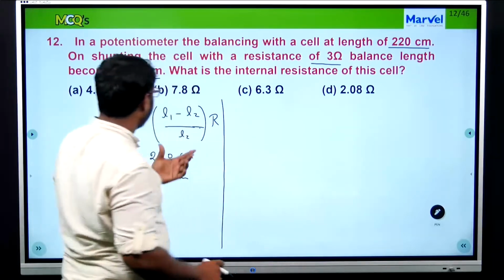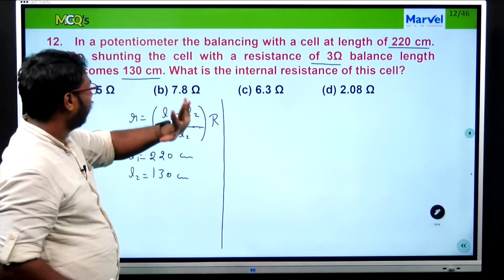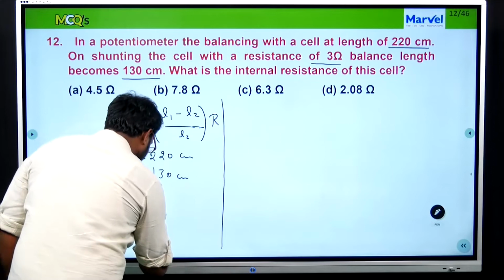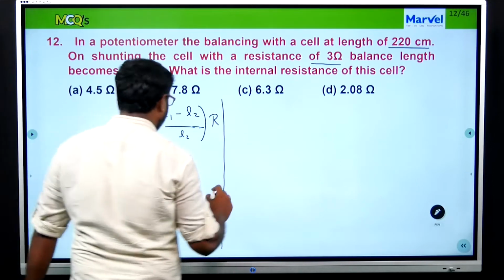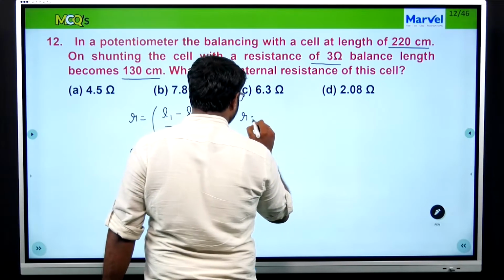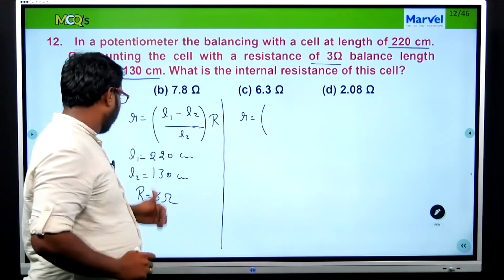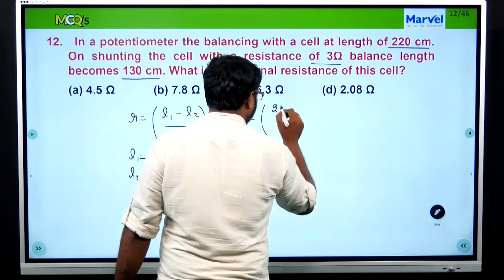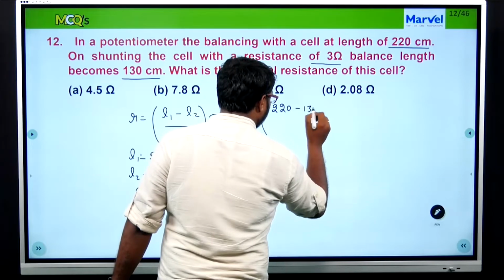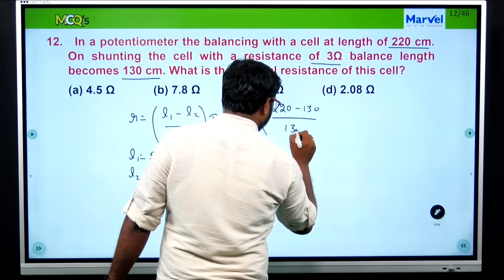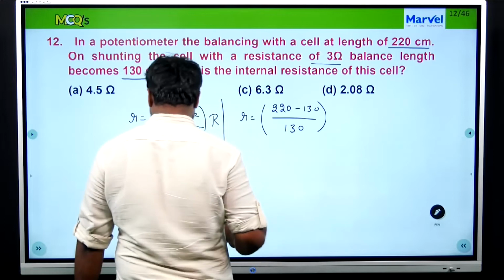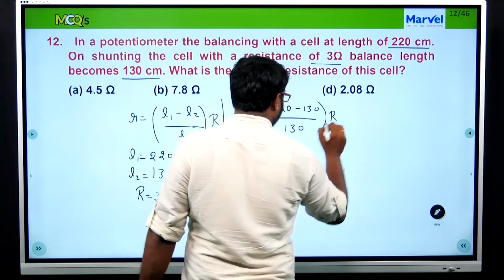What is capital R? It is 3 ohms. So small r is equal to (220 minus 130) divided by 130, into capital R.